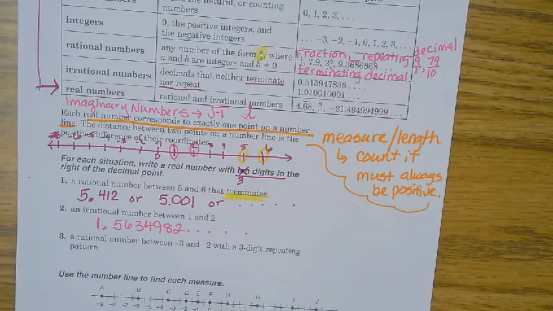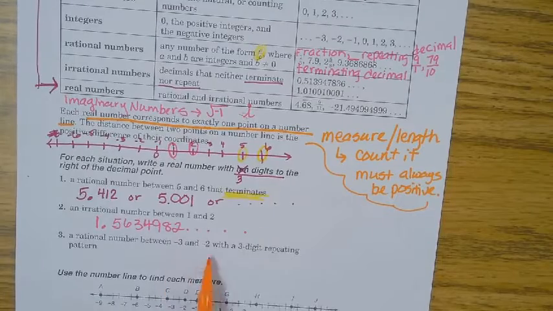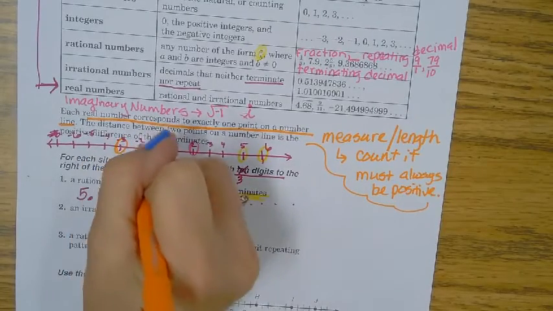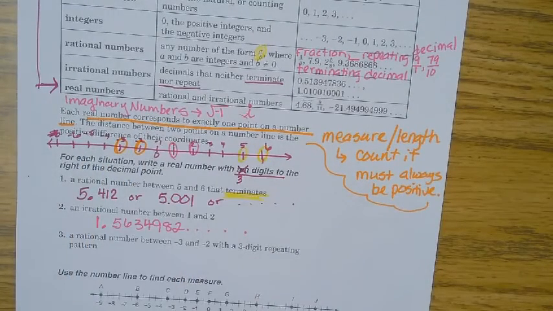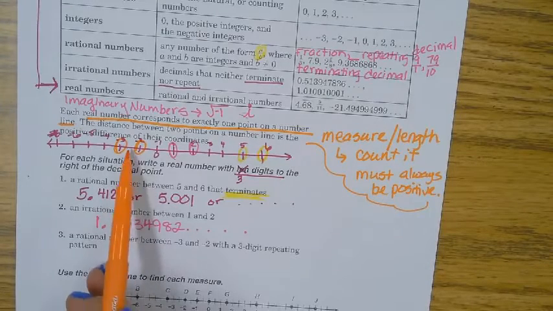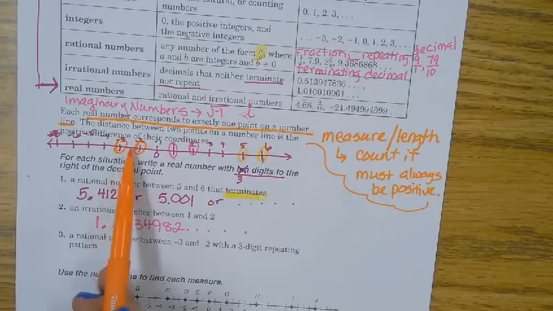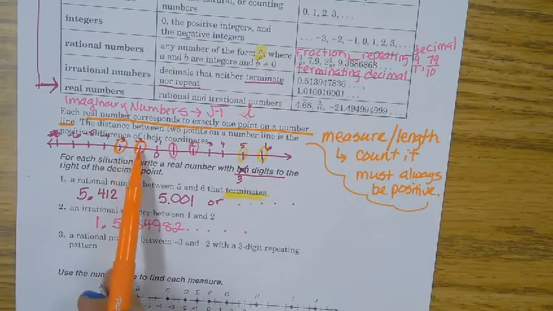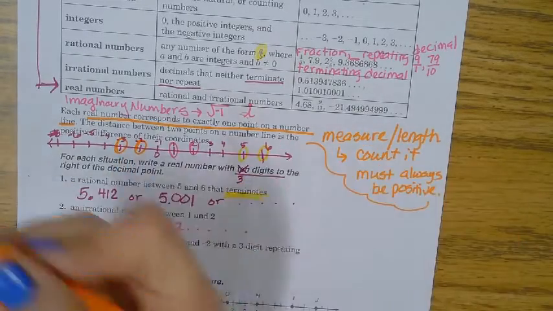And then the last one, a rational number between -3 and -2, so it's there, with a 3-digit repeating pattern. Okay, so what's my first number have to be? If it's in here. Remember, we're counting this way.